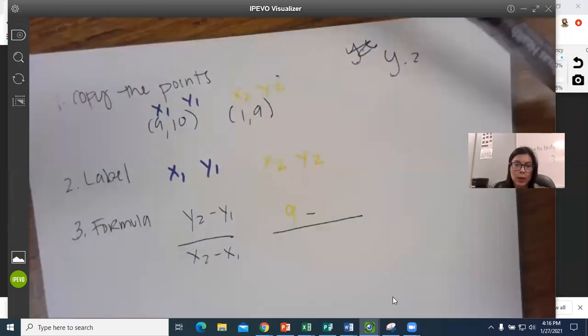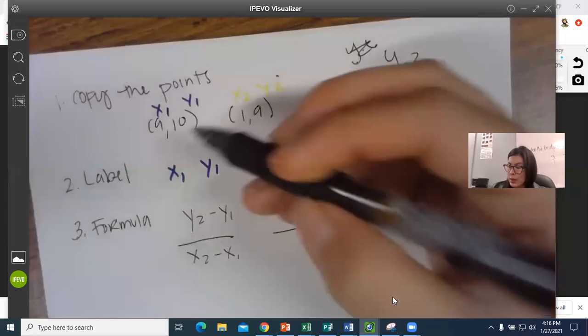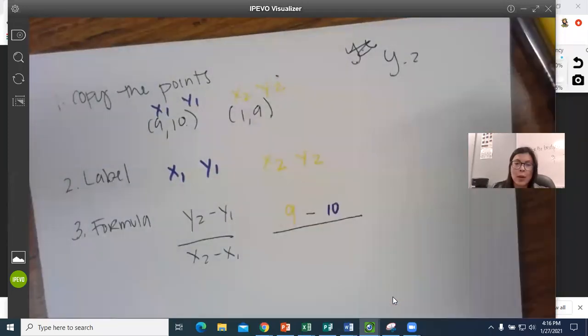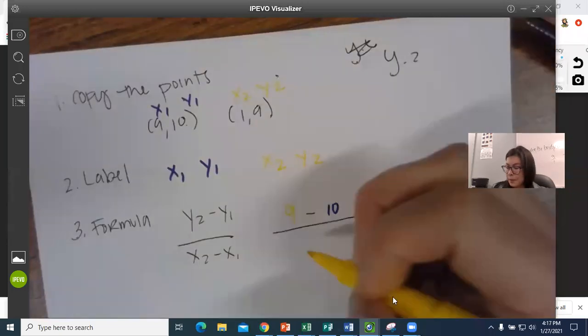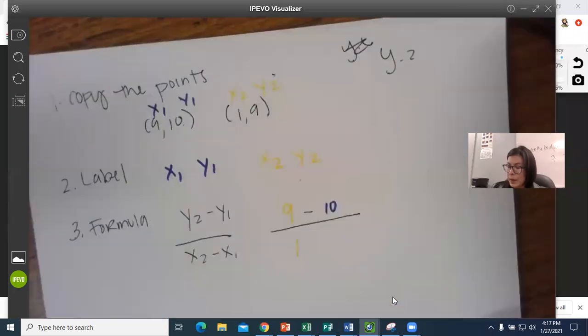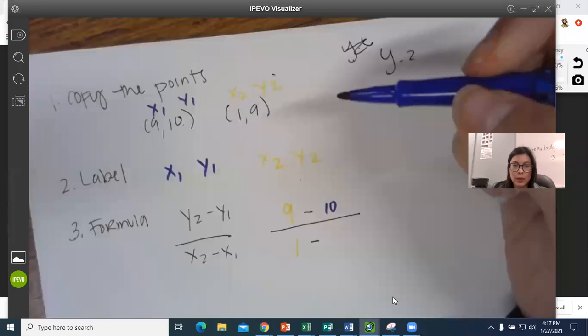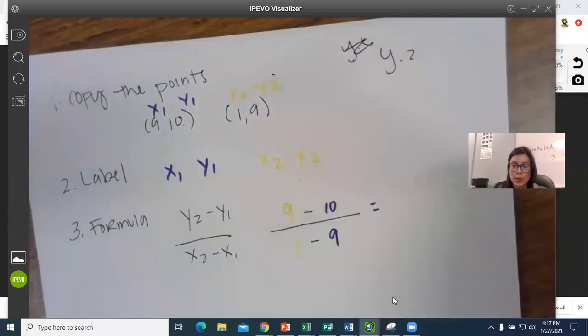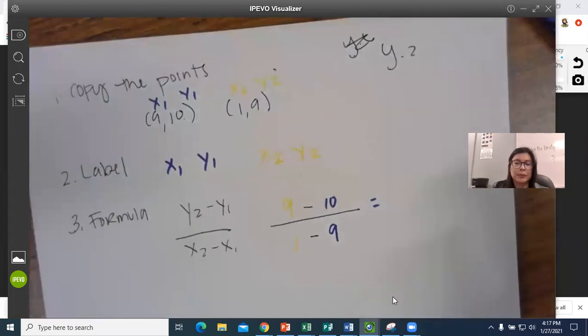Which one is y1? y1 is 10. What about x2? Which one is x2? 1, minus x1. What is x1? 9. Now we're going to put this into decimals, and then we're going to have our slope.